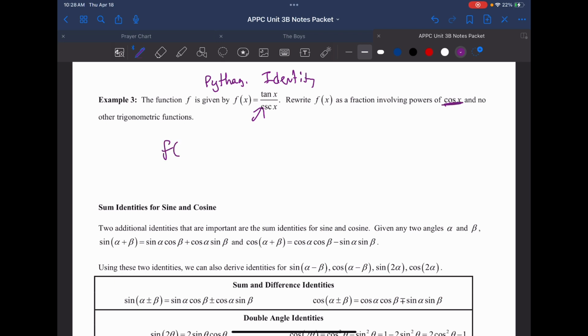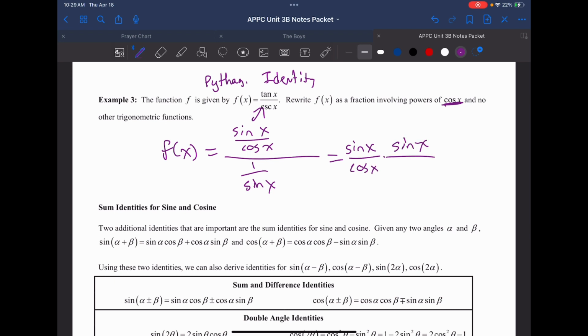So we're going to rewrite f of x equals tan x on top as sine x over cosine x, and then the bottom, cosecant, is 1 over sine x. So we can keep, change, flip that.